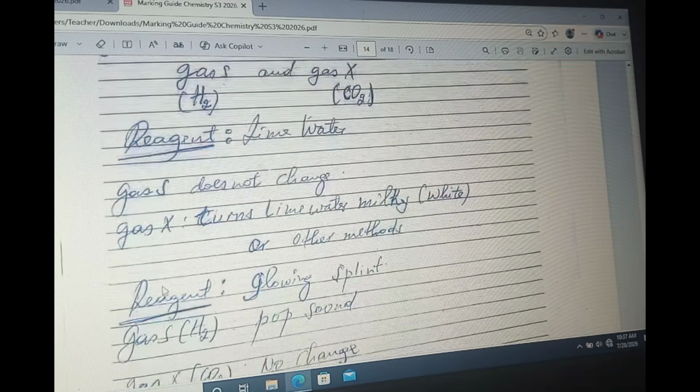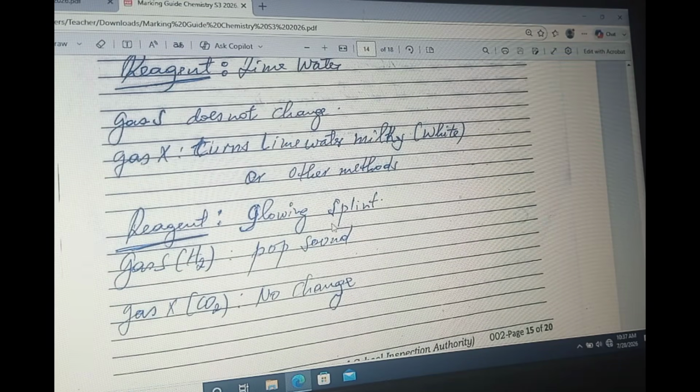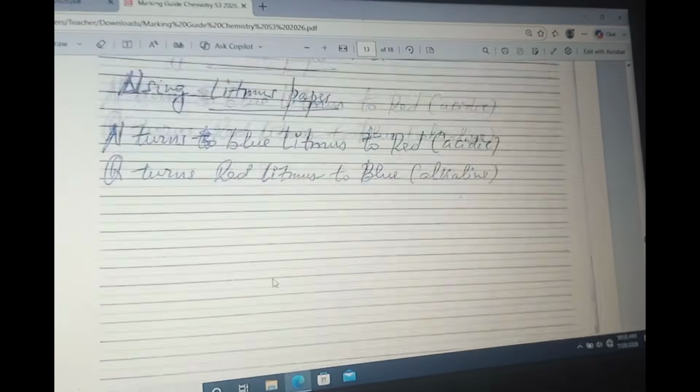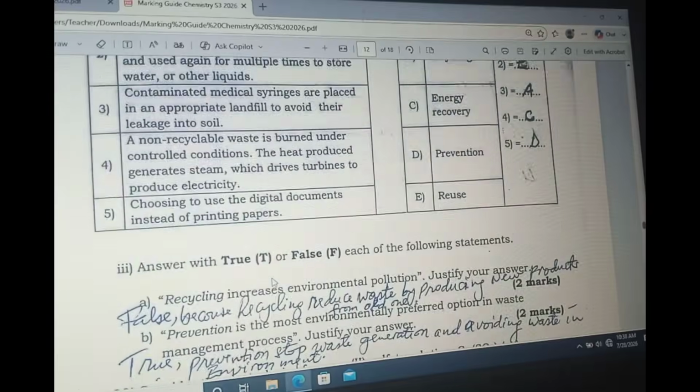Another method: use a glowing splint. If we use a burning splint in gas S, hydrogen, we get a pop sound. But if we use it in carbon dioxide, there is no change. Okay. Let's continue to question 19.